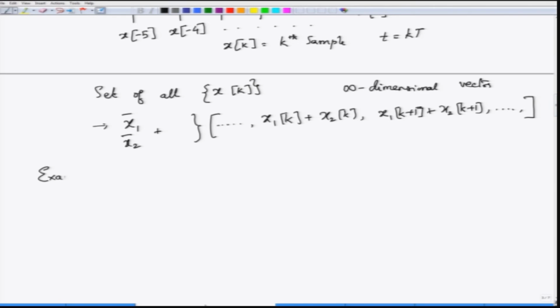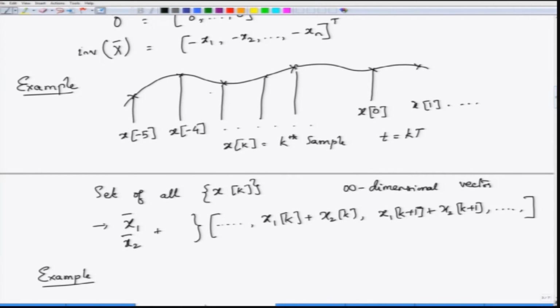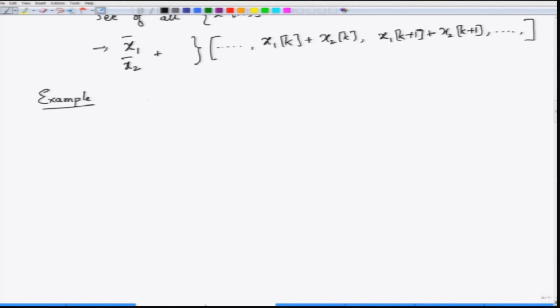Now, let us go into a slightly more abstract thing, wherein we want to consider not the sampled waveforms x of k, but rather a set of all continuous time signals, okay. We want to consider the set of continuous time signals such that each signal, say x of t, goes over the time duration, say t1 and t2.